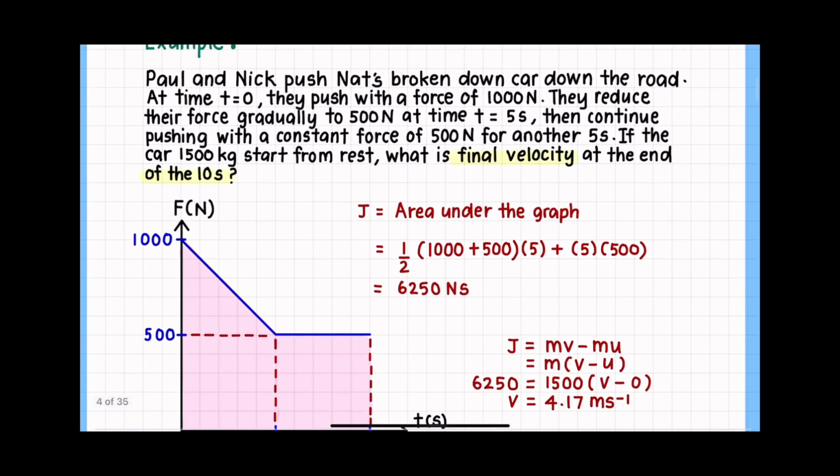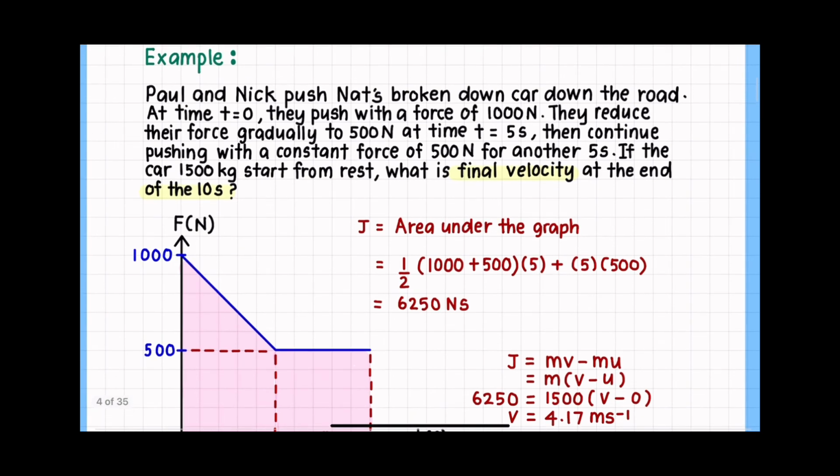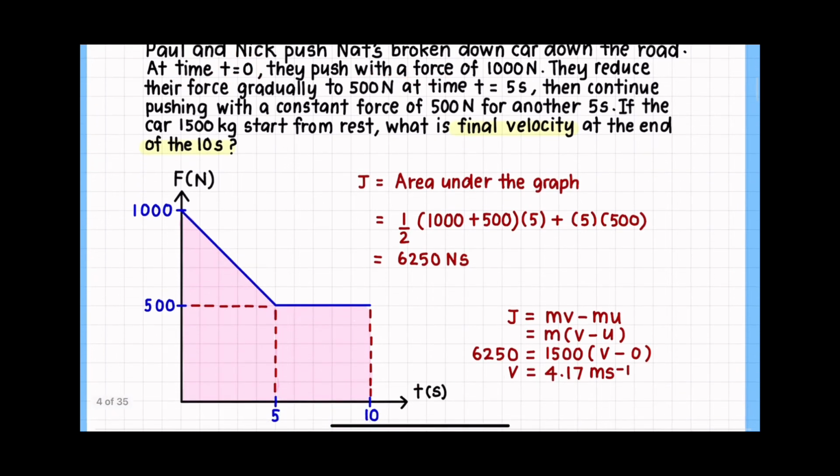Okay, next we have Paul and Nick pushing a broken down car down the road. So at time t equal to 0, they push with a force of 1,000 Newton. Okay, 1,000 Newton. They reduce their force gradually to 500 Newton for another 5 second.